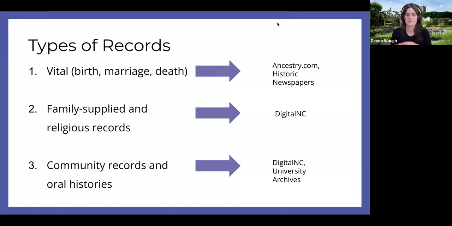That's something I've found with oral histories: there are a lot of public websites that include oral histories on historically African American neighborhoods in North Carolina. One example being the neighborhood of Brooklyn in Charlotte, a historically African American neighborhood where there are some oral histories that are publicly available online.